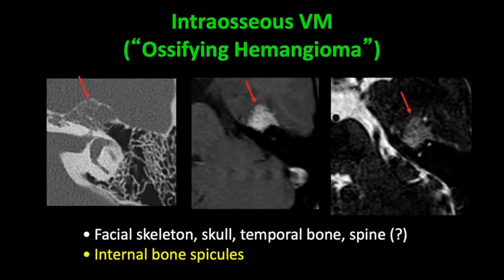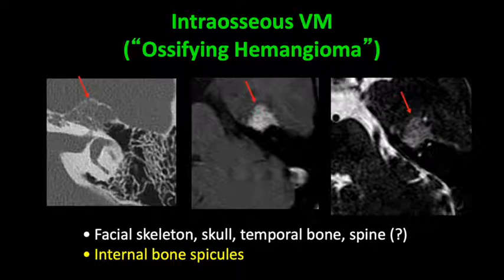Going back to our initial slides, I showed you an example of a facial nerve hemangioma, and those are correctly called intraosseous venous malformations. They are just a form of the so-called ossifying hemangiomas. These typically occur at the level of the geniculate ganglion.